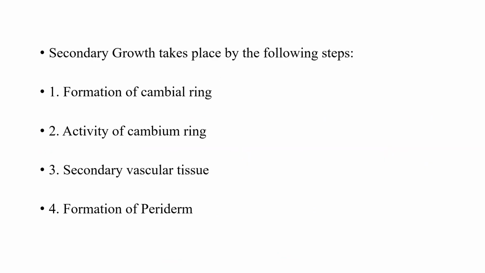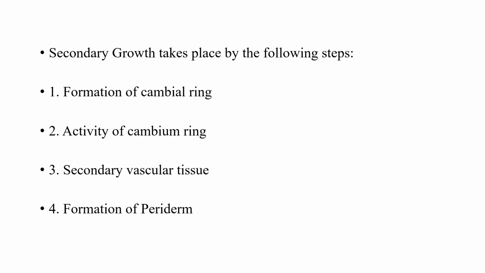The secondary growth takes place by the following steps. One is formation of cambial ring. Second, activity of cambial ring, how they divide, how they act. Then the secondary vascular tissue formation, and formation of periderm. So this is the four-step process of secondary growth in dicot stem.